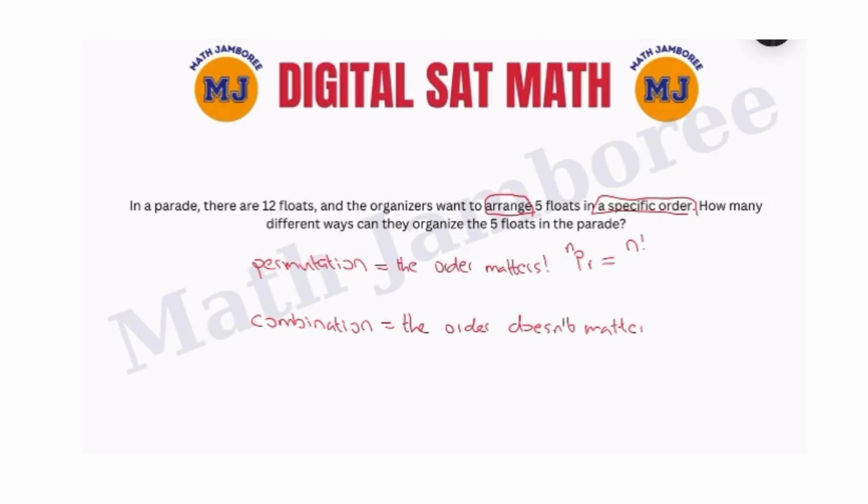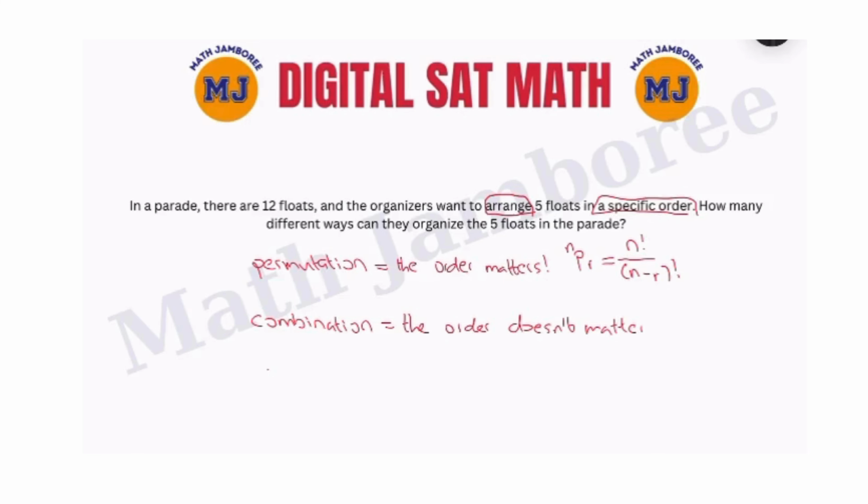n factorial divided by n minus r factorial. I'm pretty sure it's called factorial. And the combination formula would be this way.